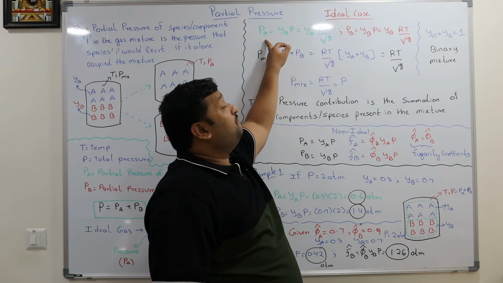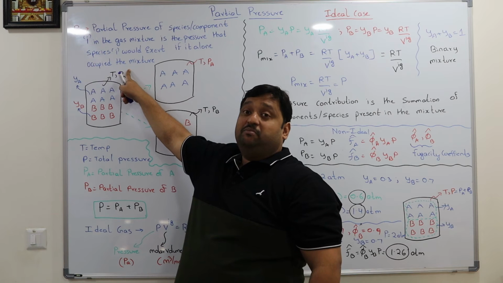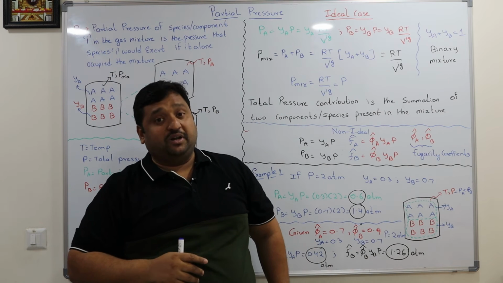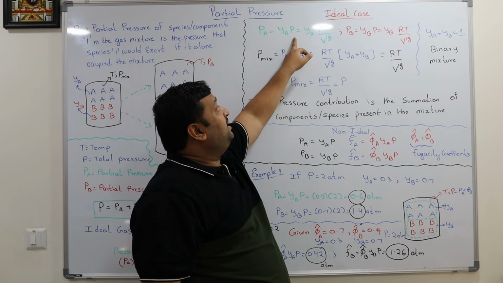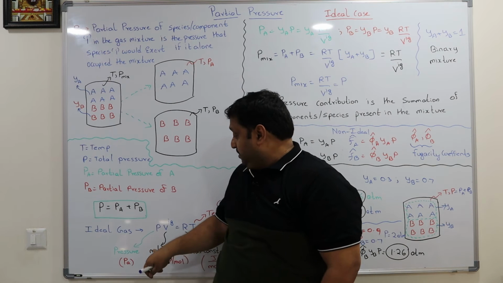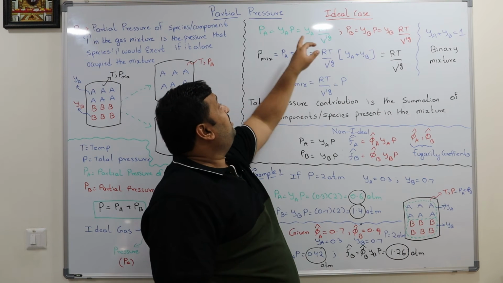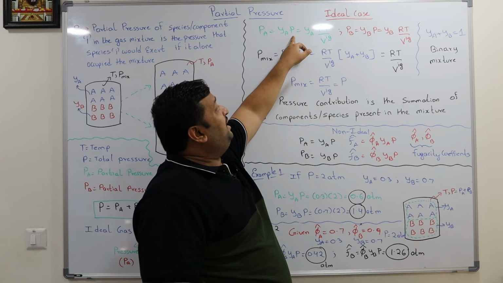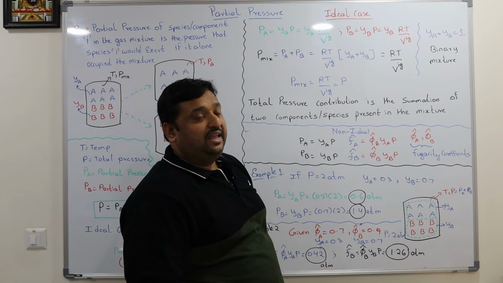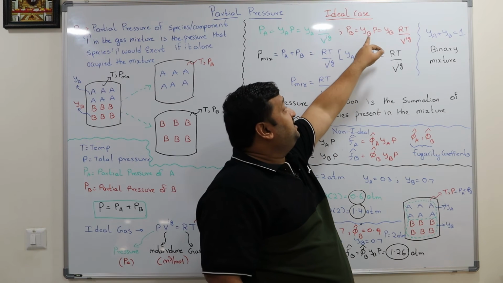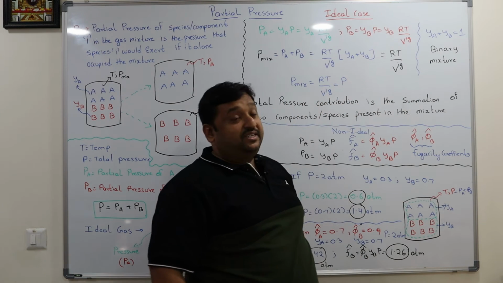Likewise, the mole fraction of B multiplied by the total pressure gives the partial pressure of B. So PA is equal to Ya into P, where P equals RT by V IG. IG represents the ideal gas. PB is equal to Yb into P, which is equal to Yb into RT by V IG.